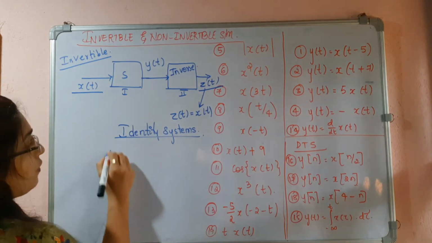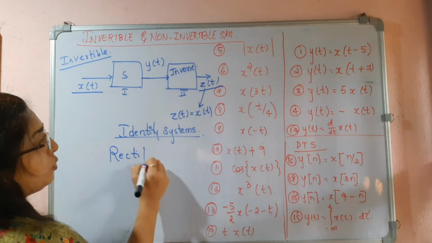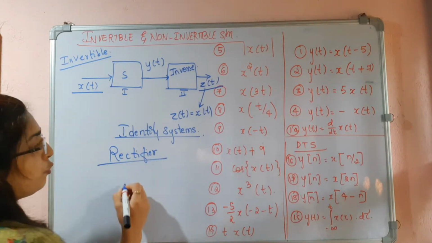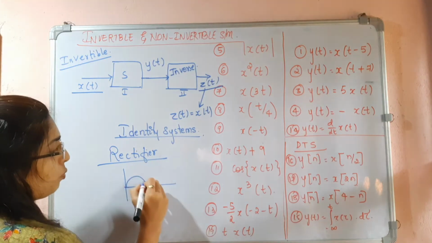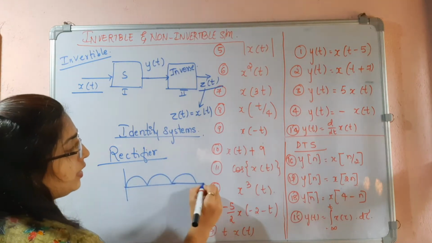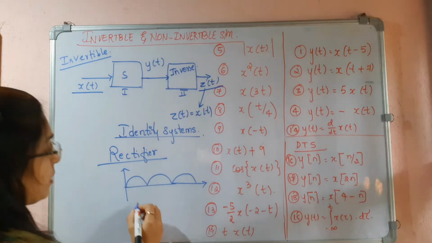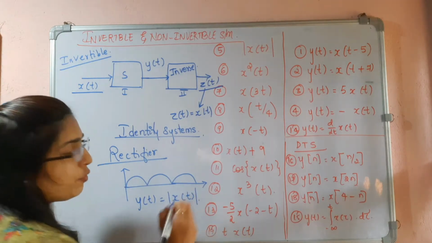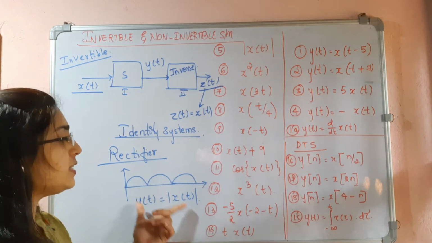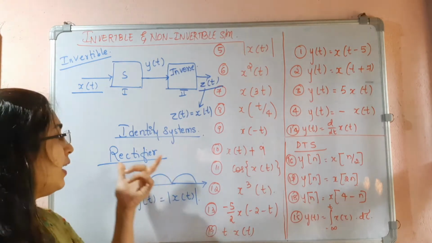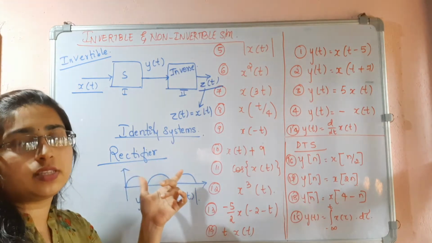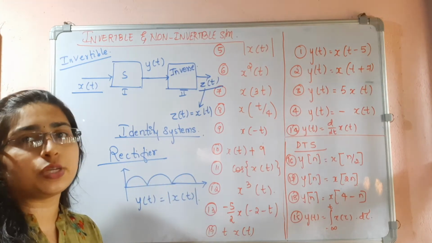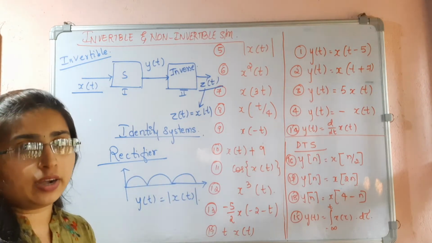When we consider the rectifier, for a full wave rectifier, what will be your output? It's like this, right? y of t will be equal to mod x of t. But this is non-invertible. The rectifier is a non-invertible system because the rectification process cannot be undone.